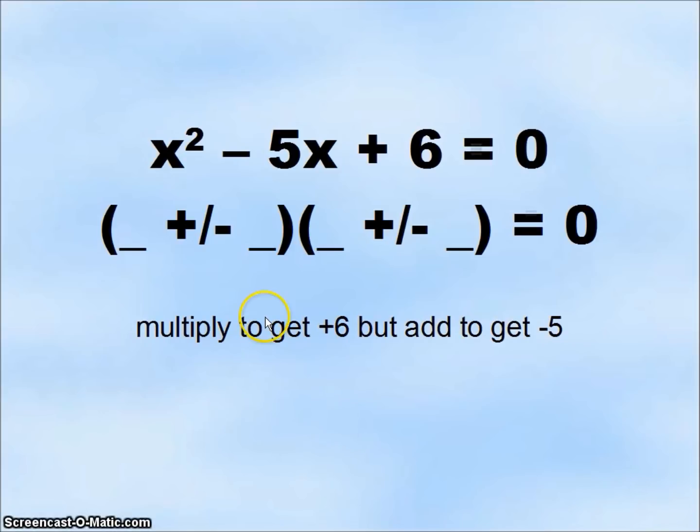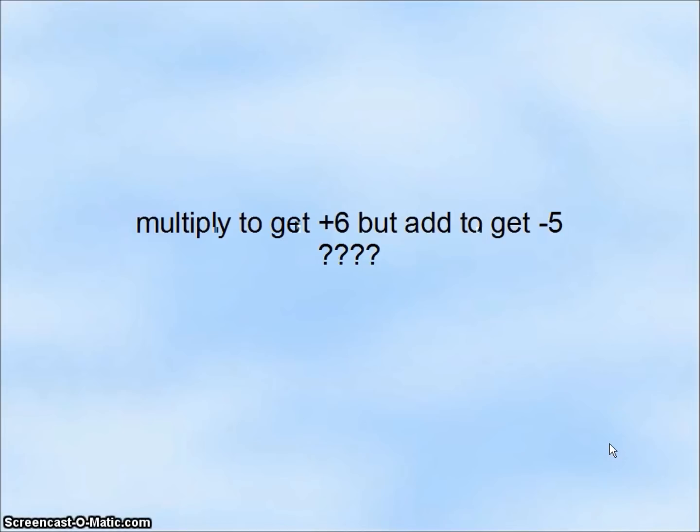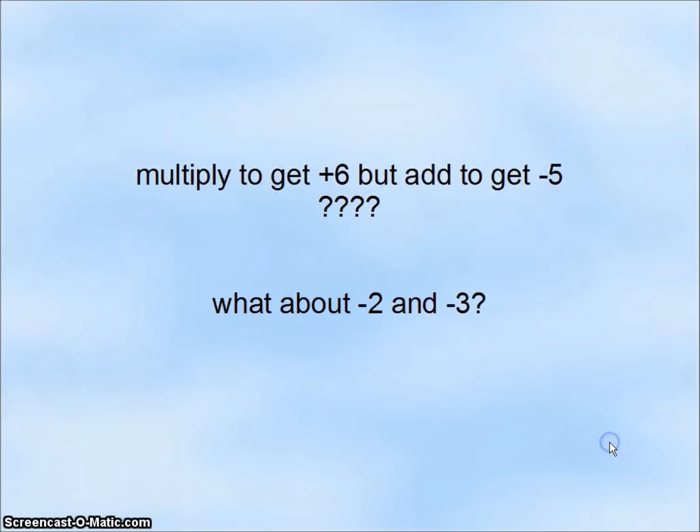I want these two numbers to multiply to give me a positive 6, as they should result in this term. But that will ultimately add to give us negative 5. Multiply to get positive 6, but add to get negative 5.